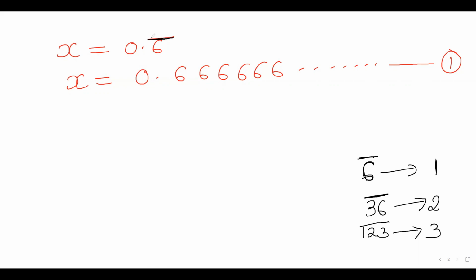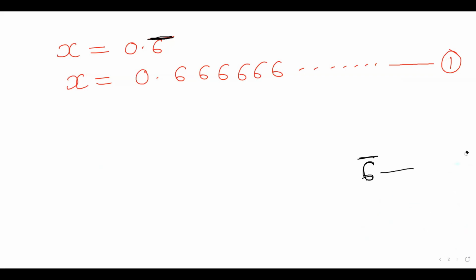In this case, the bar is given for only one number, so periodicity is 1. When periodicity is 1, you multiply by 10 on both sides. If periodicity is 2, you multiply by 100 on both sides. If periodicity is 3, you multiply by 1000 on both sides. Depending upon how many digits have the bar, you should decide what to multiply.